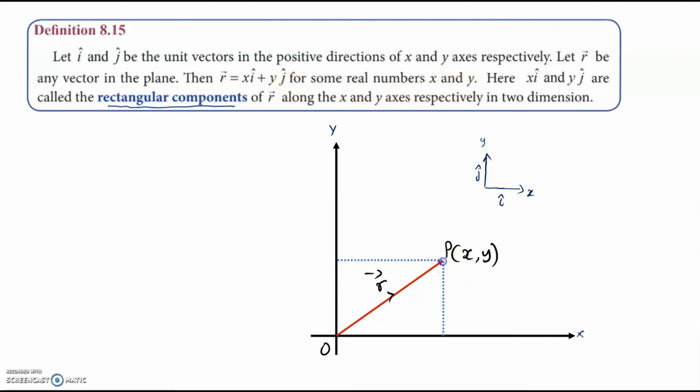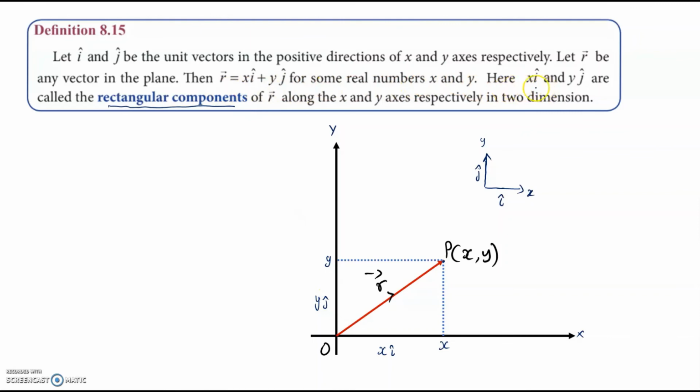Now if the coordinate of P, OP, which is represented by R vector, is x and y, then you can express this. So this point is x here and this point is y here. Now you can express this length as x i cap vector, and you can express this length as y j cap vector.